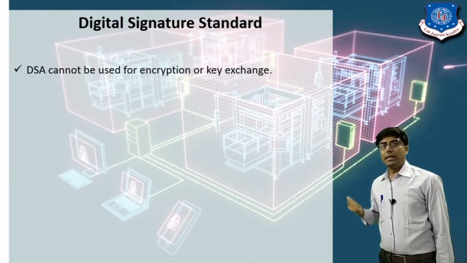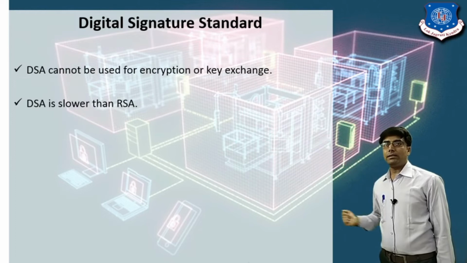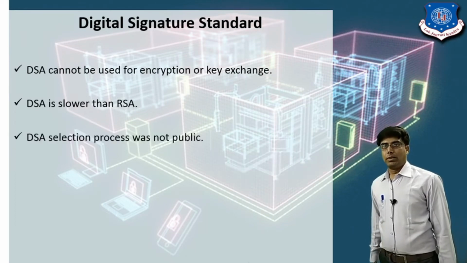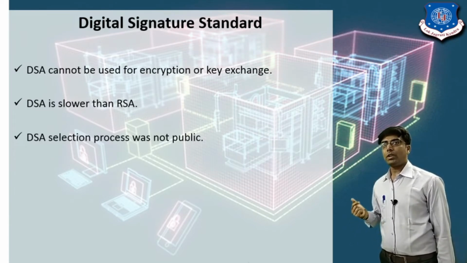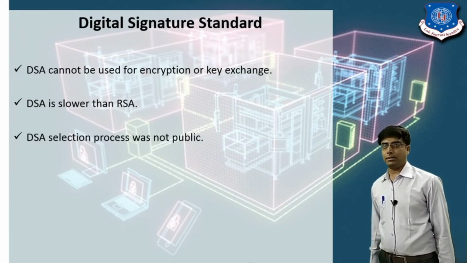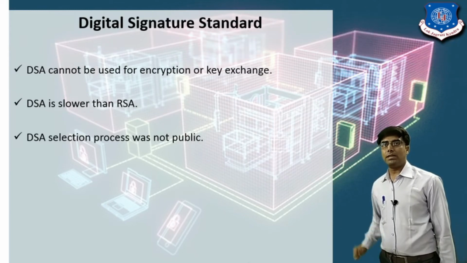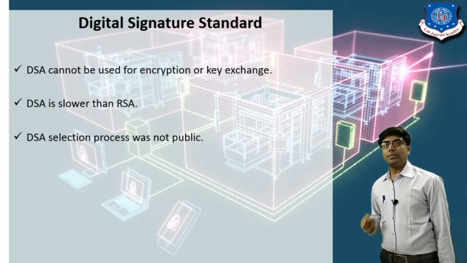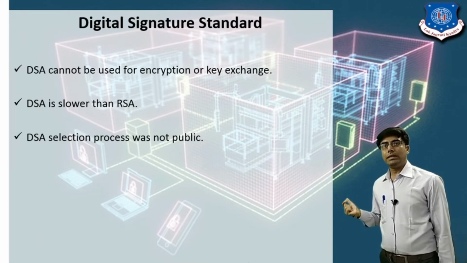Then, the DSA is slower than RSA because in DSA lots of computation is required to authenticate the sender. The DSA selection process was not public. RSA is a public key encryption, but the DSA is not public.